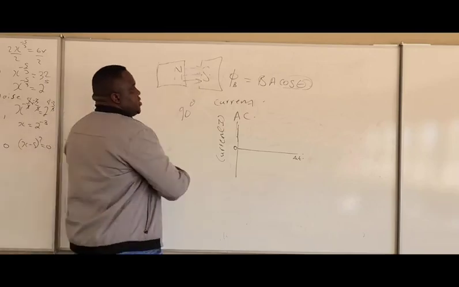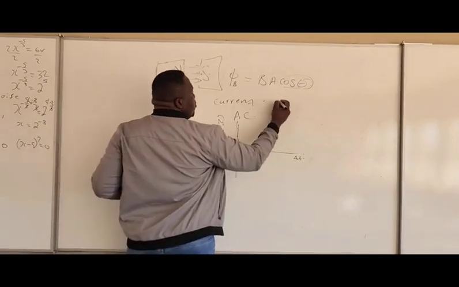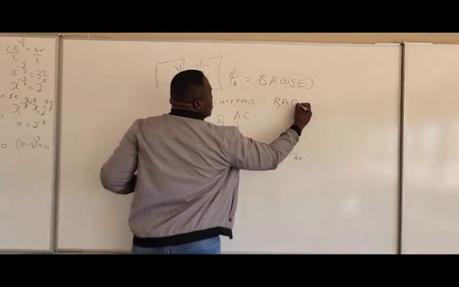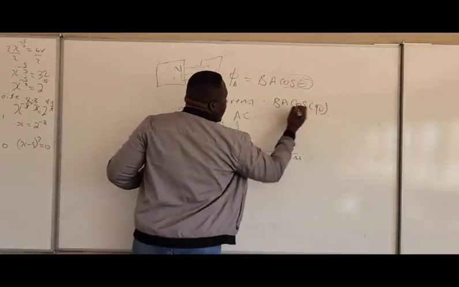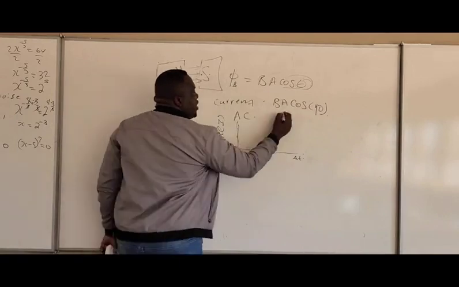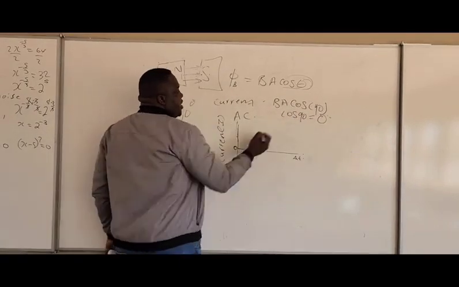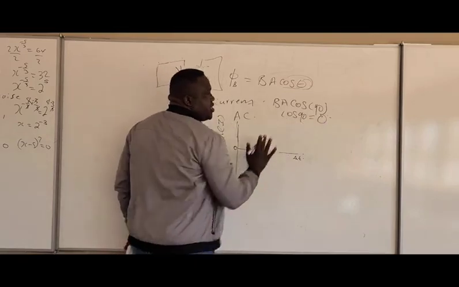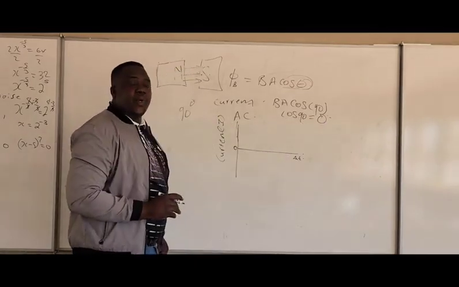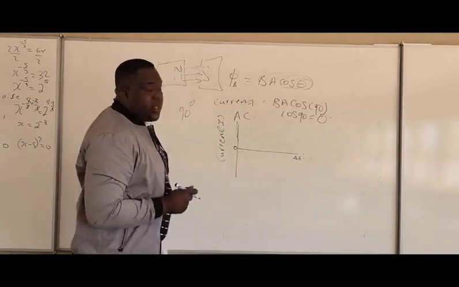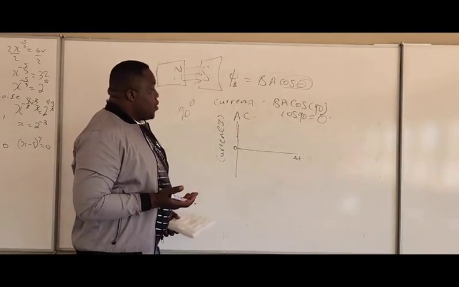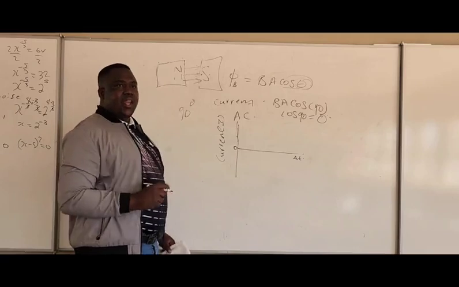So it means here we're going to have cos 90. Cos 90 is equal to 0, meaning that cos 90 will make everything 0. It means at that position we're going to have 0 current.